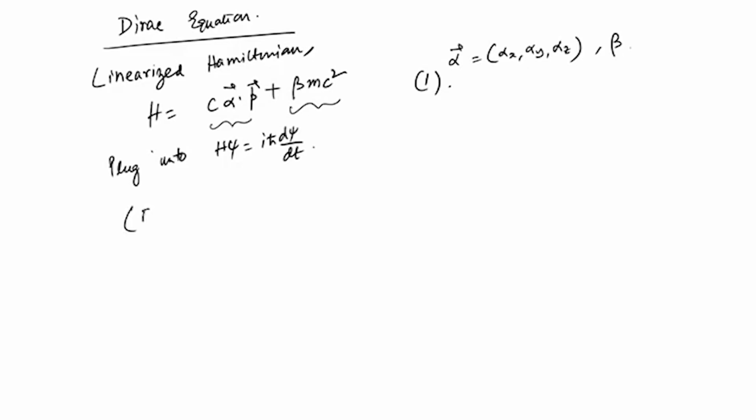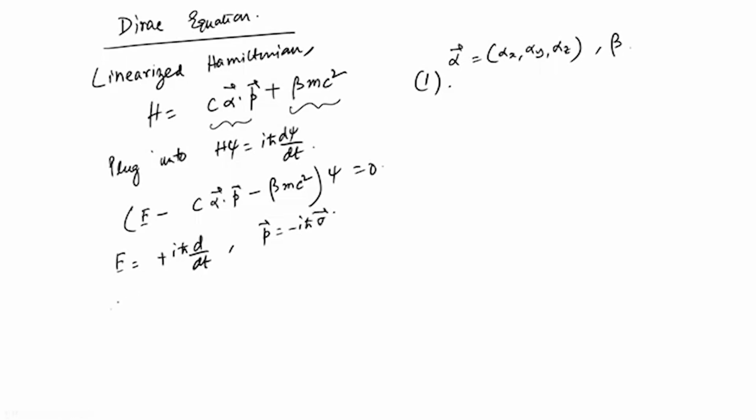So one obtains (E minus c alpha dot p minus beta m c squared) psi equal to 0, and we can use E equal to i h cross del del t, and p equal to minus i h cross del.